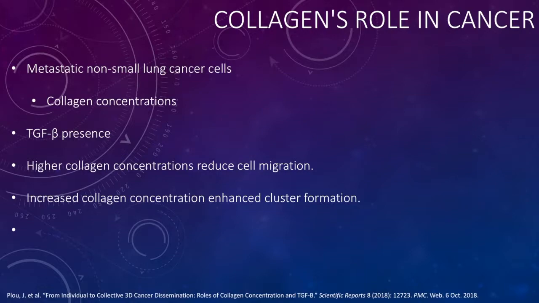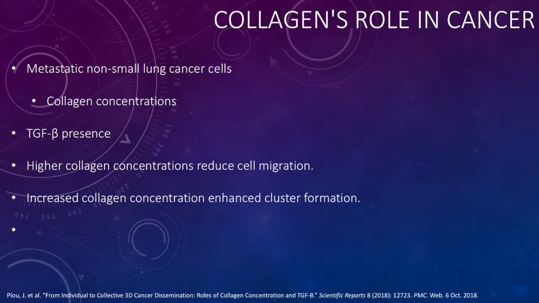From what they were able to conclude from the study was that those cells that grew in enriched collagen matrices migrated more slowly and tended to form cell clusters spontaneously, meaning that cell aggregation and cluster stability was enhanced when they were in a denser matrix environment.